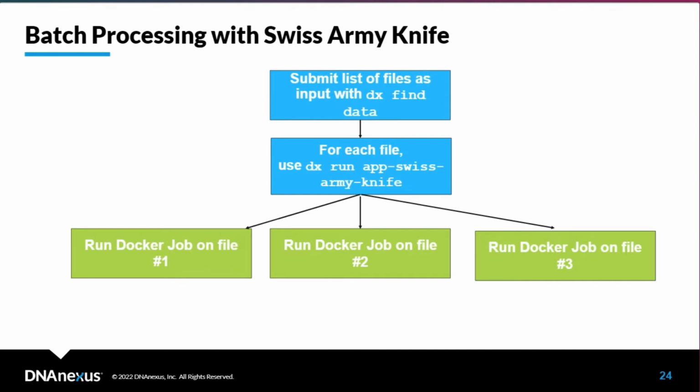The main idea is we can use dx find data to find all of the files associated with a particular data field. Then we can pass that into a for loop that will generate a Docker job for each of those files.